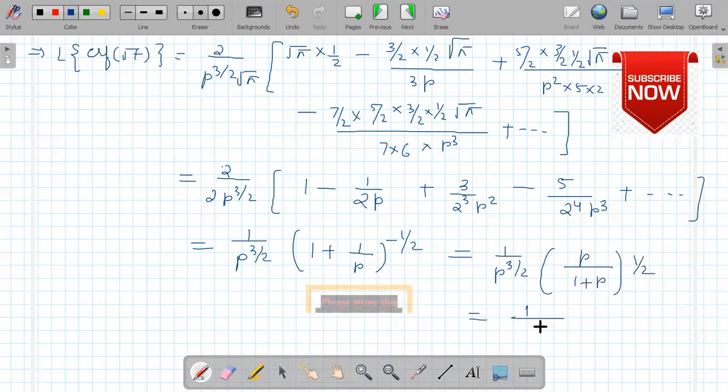This is equal to 1 upon p. This p half will cancel with this 3/2. Only p is left. Square root of p plus 1. This is what we want to prove: the Laplace transform of error function of square root of t.